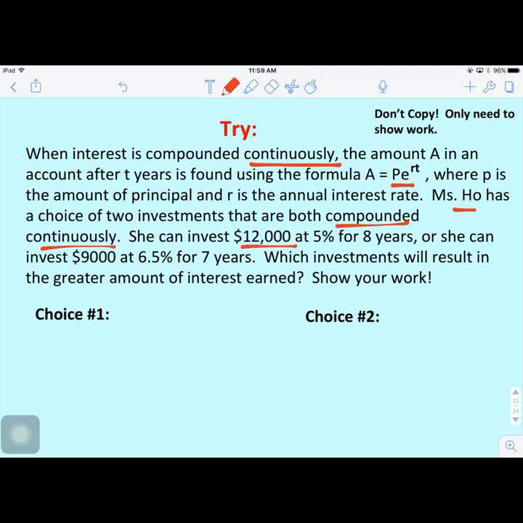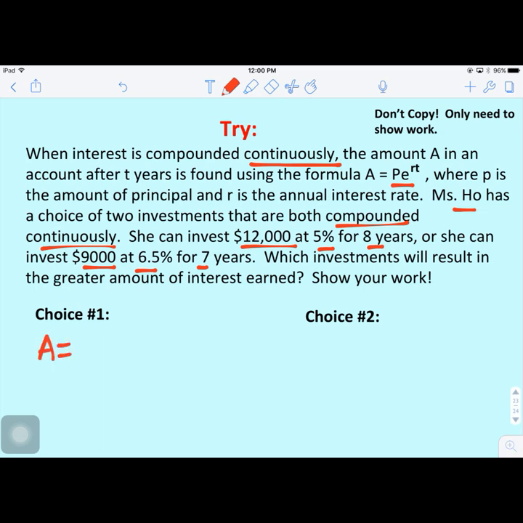She can invest $12,000 at 5% for 8 years, or she can do $9,000 at 6.5% for 7 years. Which investment will result in the greater amount of interest earned? So I hope that you pay careful attention to this problem because that may very well be a quiz or a test question later. So hopefully you guys will remember how to do this.